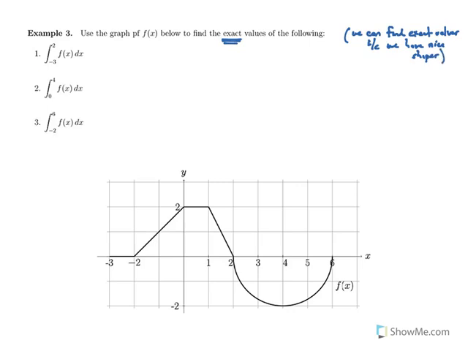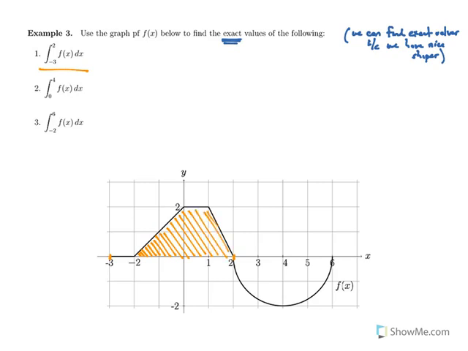We're going to first deal with the integral from -3 to 2. So I'm going to go from -3 to 2, and I'm finding the area from the function to the x-axis. So that is going to be this area here.